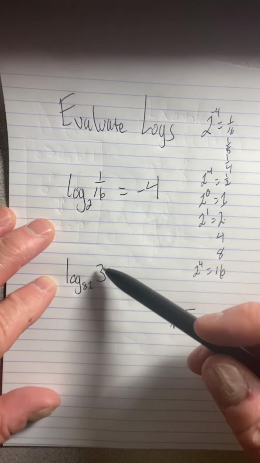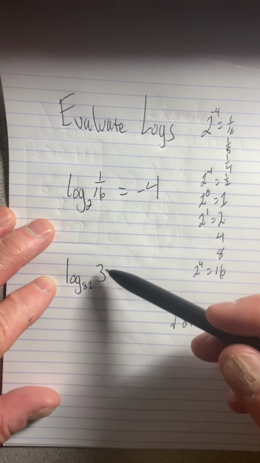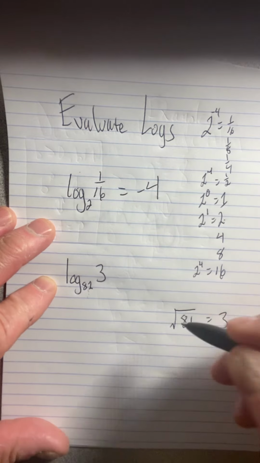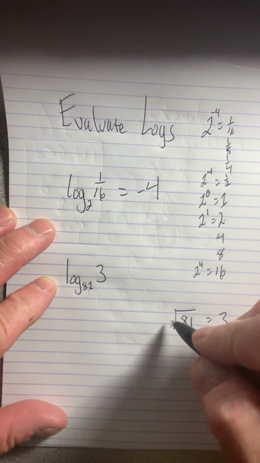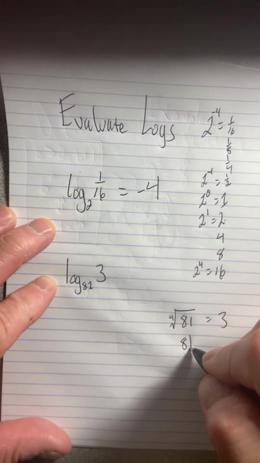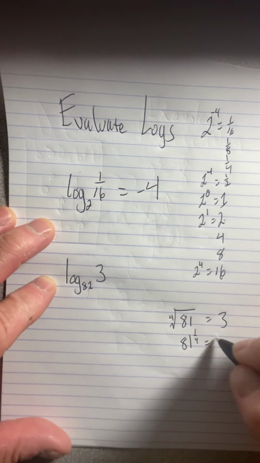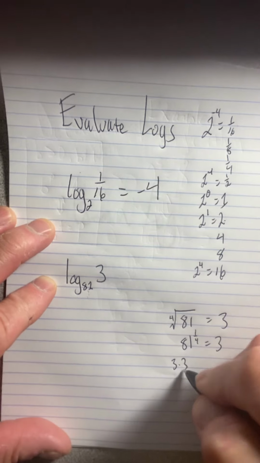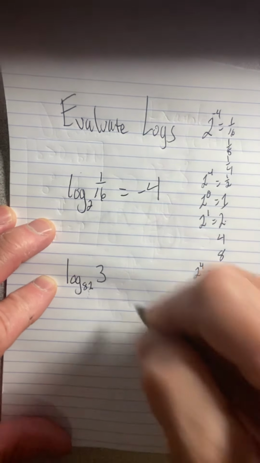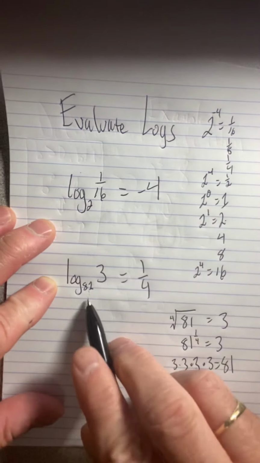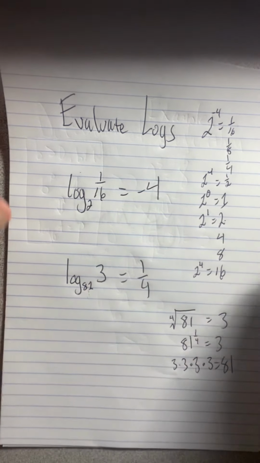Well, I guess it could be some other fraction, but it's a fraction with a 1 in the numerator, because this is a root. It is the fourth root. So 81 to the 1/4 power equals 3, because 3 times 3 is 9, times 3 is 27, times 1 more 3 gives us 81. So this is 1/4, because 81 to the 1/4 is 3.